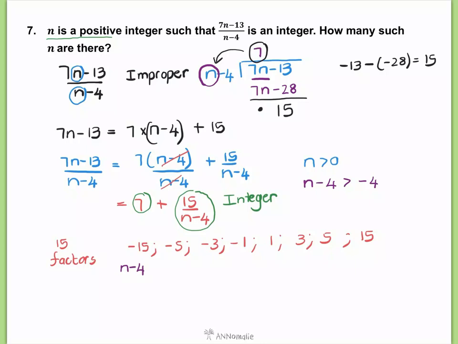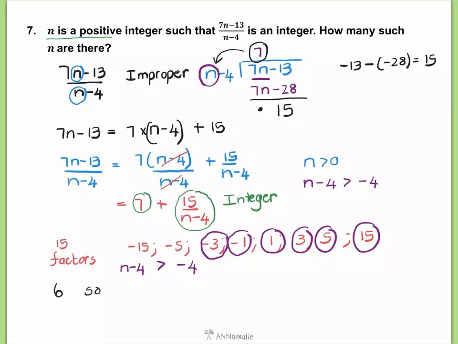So the ones that I can use are minus 3, minus 1, 1, 3, 5, and 15, where n minus 4 is greater than minus 4. That then means we can find the values of n, but that's not the question. The answer to this question is therefore 6 solutions for n.